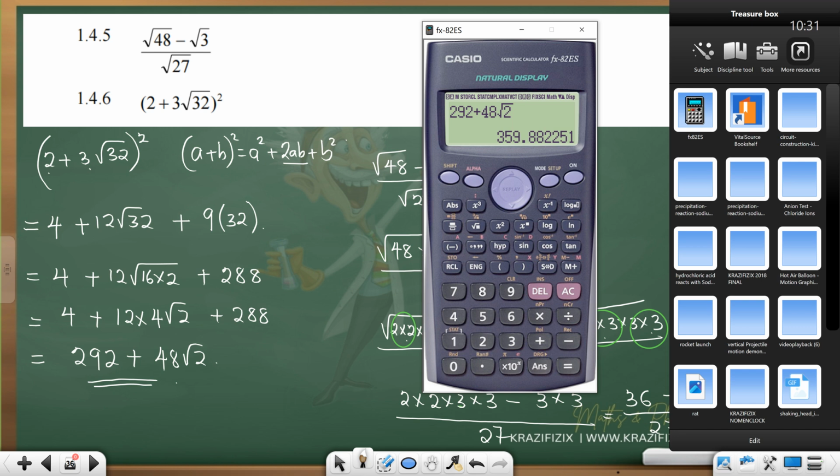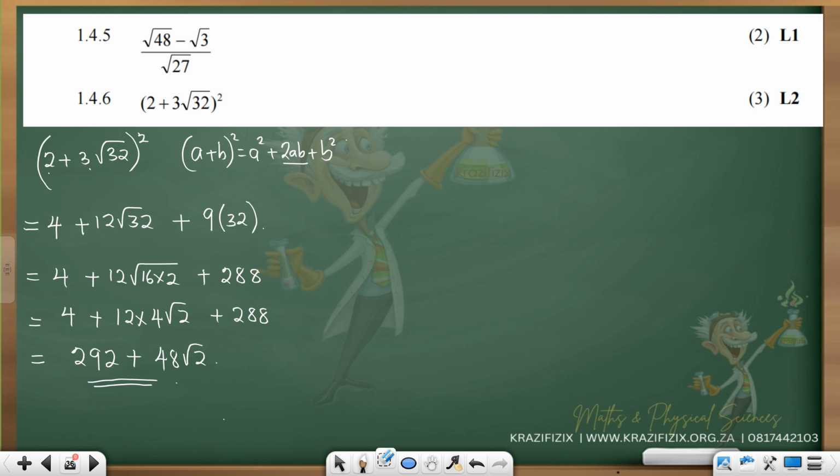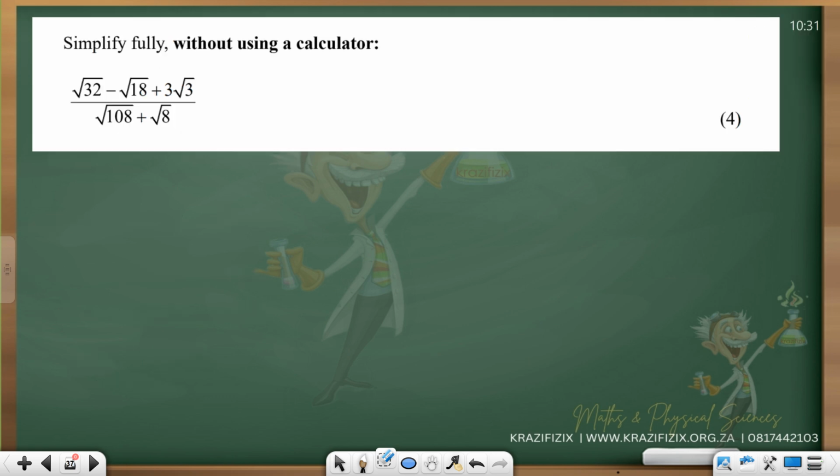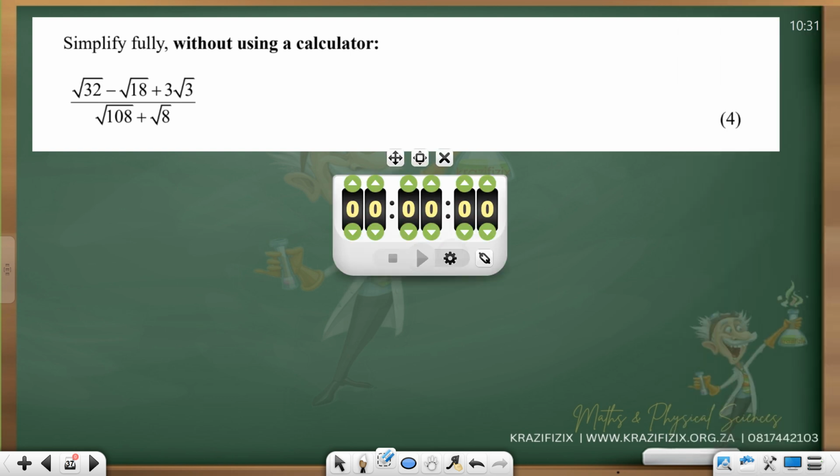Are we good? All right, the last slide for the day, and then the rest will be homework. We have one more session to consolidate everything, but look at this one. Let's simplify this one. I'll give you 5 minutes to try. There's no joy in me doing it without you being able to do it. 5 minutes.